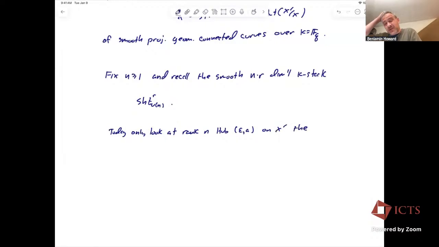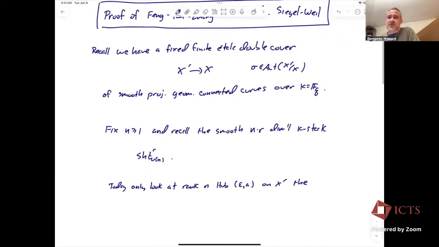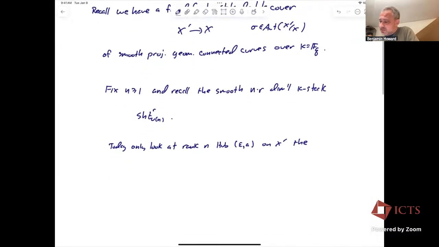And not only do we only want the rank n ones, this Feng-Yun Zhang theorem was only a statement about the non-degenerate ones. Only look at rank n Hermitian vector bundles that are non-degenerate, which meant that the Hermitian pairing was generically an isomorphism, or equivalently, this is injective.